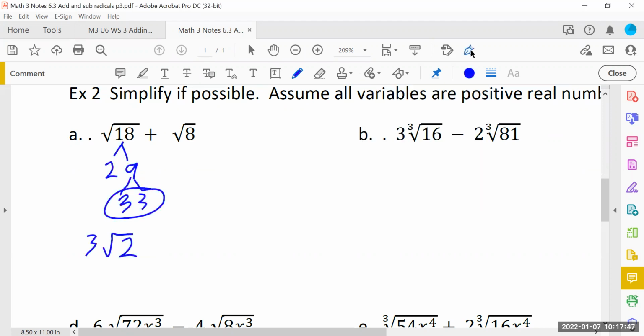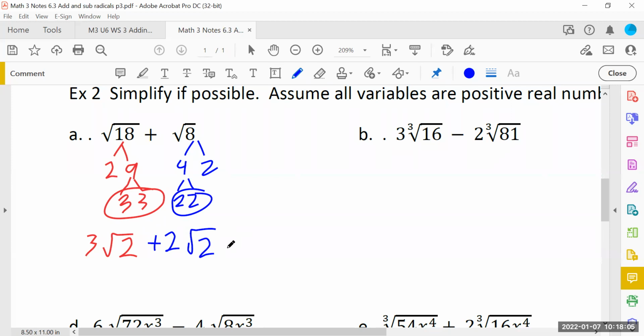The 8 is 4 and 2. 4 is 2 and 2. Pair of twos, plus root 2 left over. Now they match.